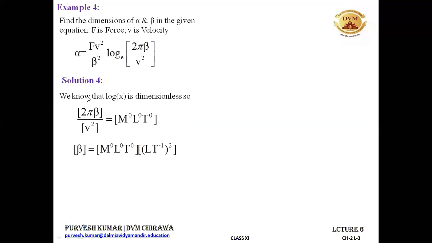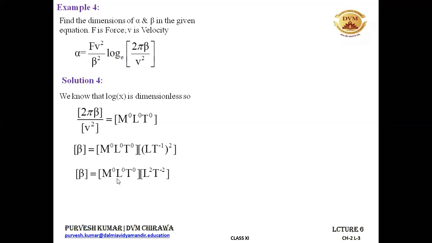Now you have to solve it out. First, you have to square these two quantities, because there is a square involved. So you should write it as L2 T to the power minus 2.